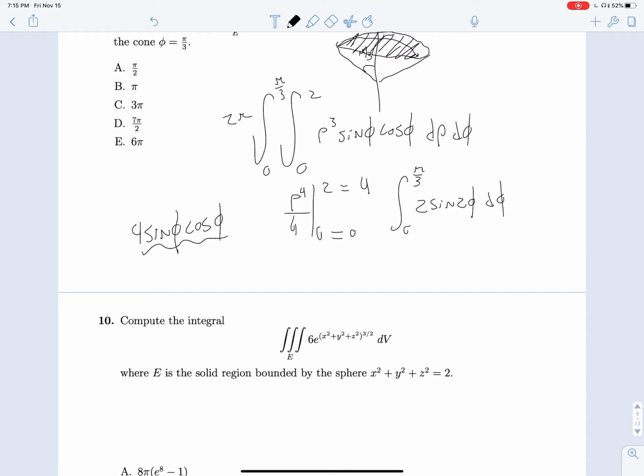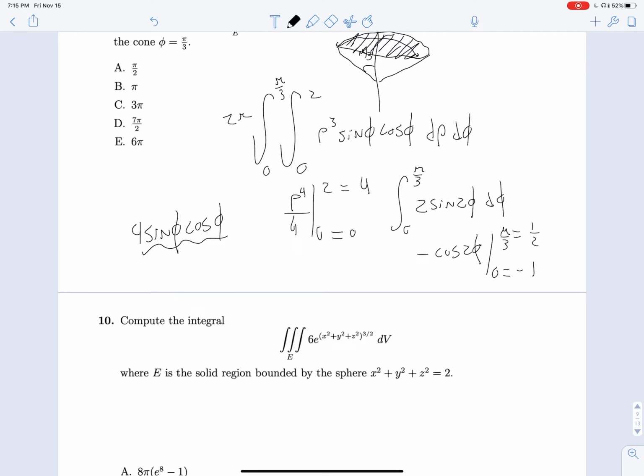And integrating, we will get negative cosine 2 phi on 0 to pi over 3. And let's see, the cosine of 2 pi over 3 is going to be negative 1/2, and we have another negative out there, so this will cancel out, and we'll get 1/2, and this will be negative 1.